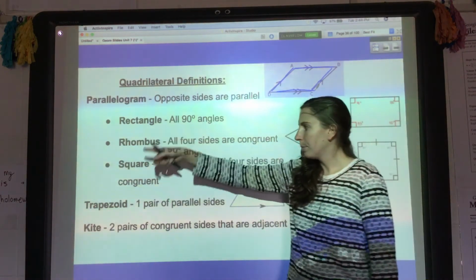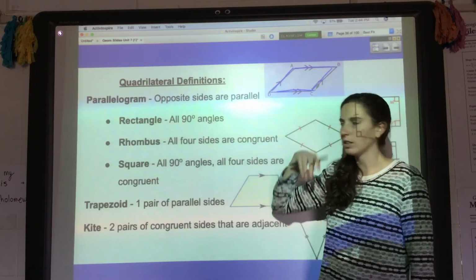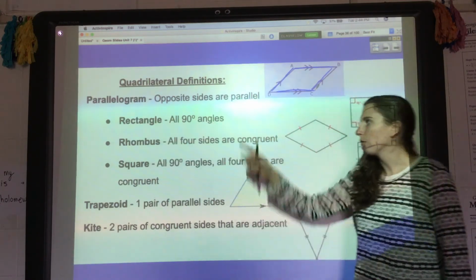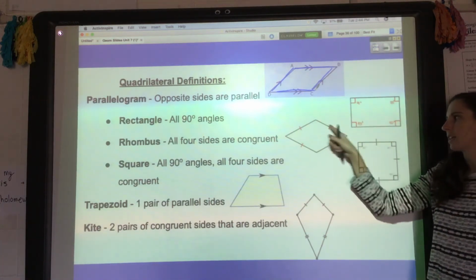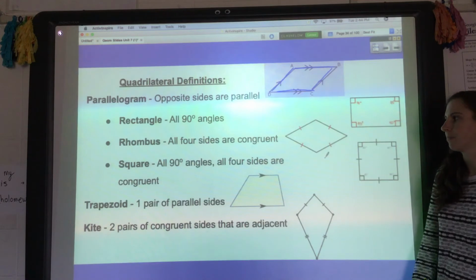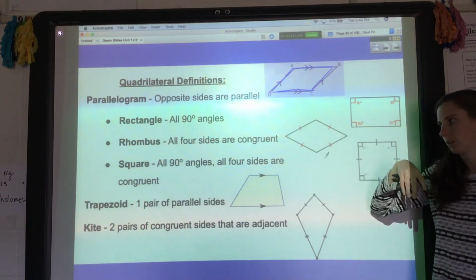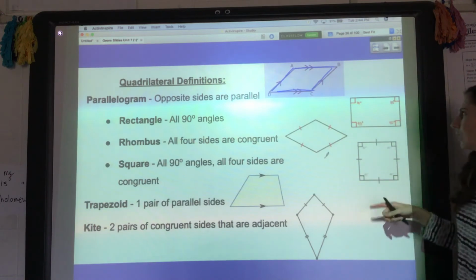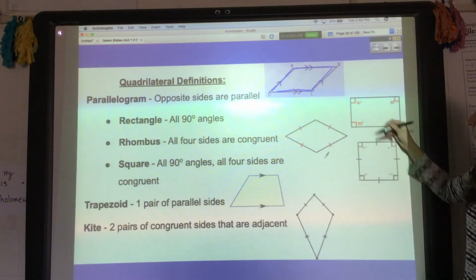A rectangle, rhombus, and square are all parallelograms. So they're going to have parallel sides, but also a rectangle has all congruent angles, and a rhombus has all congruent sides. And then a square is a combo of both of those. So for a rectangle, if all the angles are congruent, they all are 90 degrees.